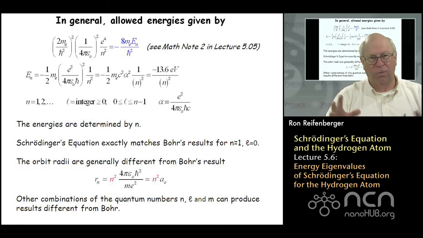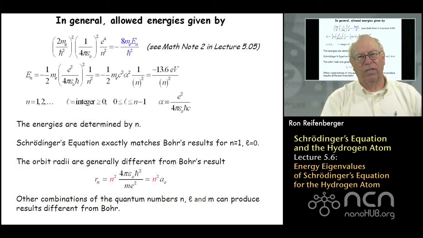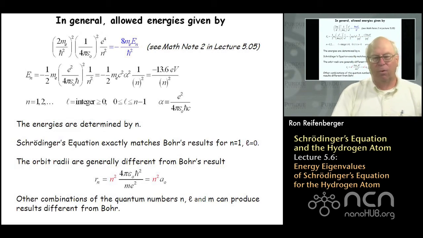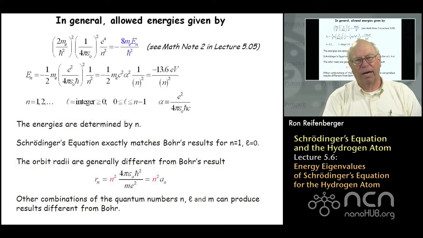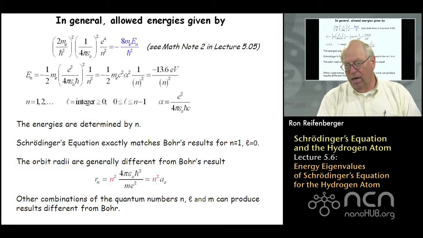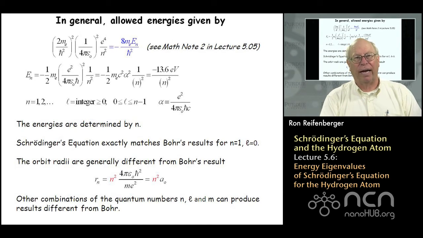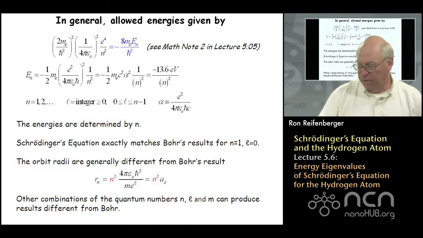Schrödinger's theory is much more accurate. All these predictions that we're going to discuss in the next few lectures have been borne out very, very nicely by experimental results. So Schrödinger's equation, in fact, does nail the problem very, very precisely, very exactly.